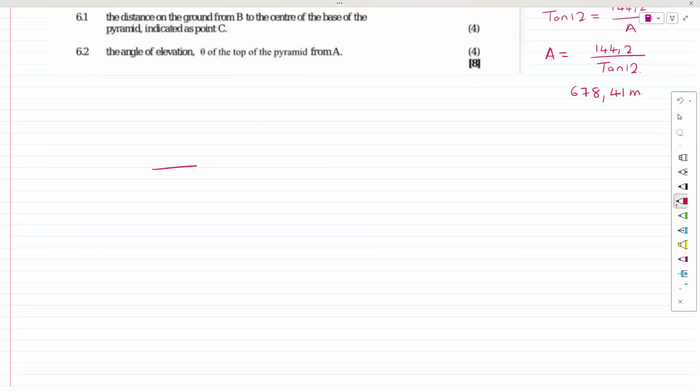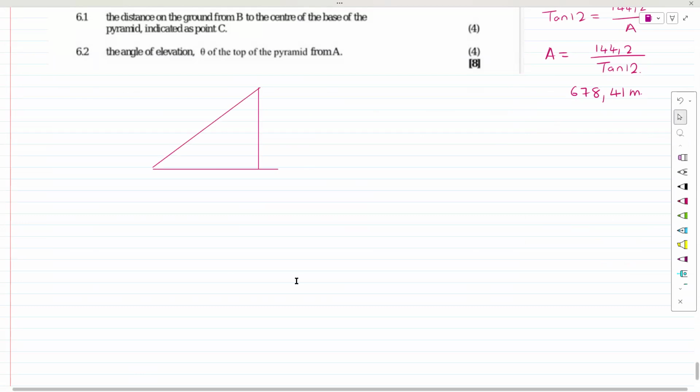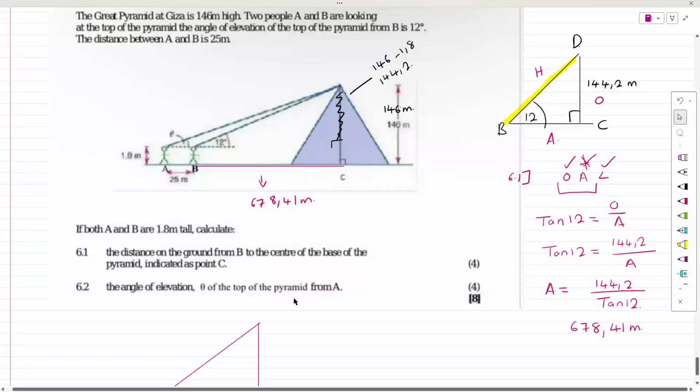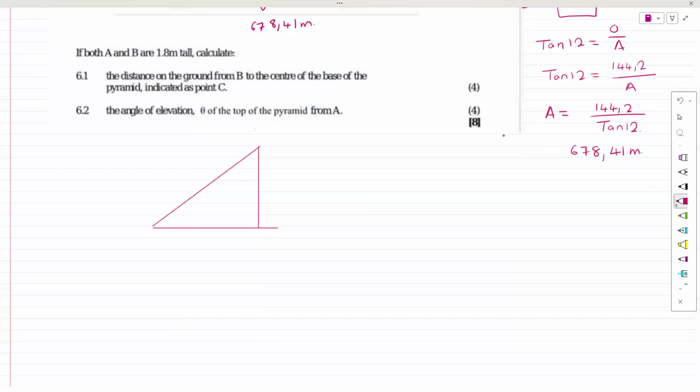Now that we have this, it is quite simple. I think the only problem was finding out the angle to work with. We call this point D because we made it up, then C and A. This was 144.2 meters, what we calculated when we subtracted the guy's height.